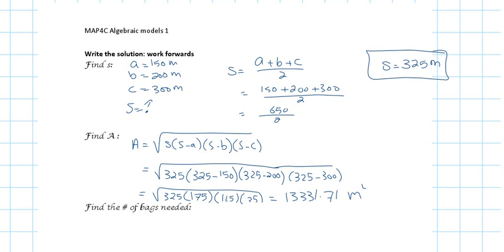All right, so now I know the area of my triangle, the area that I need to cover. How can I find how many bags I need? Go ahead, Eric. Because each bag covers 900 meters squared, right? I know I have a total area of this much. So I just divide my total area by the area covered by each bag.